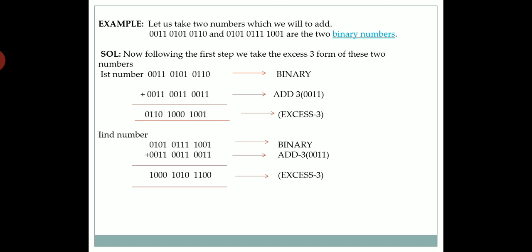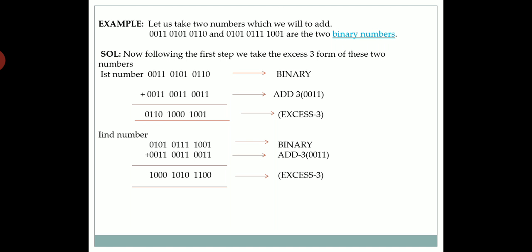We divide the binary number into 4-bit groups. Then we add 3, that means 0011, and we get the XS3 code. And we also split the second number into 4-bit groups. Then we add the 0011 value in binary addition, and also get the second XS3 code.